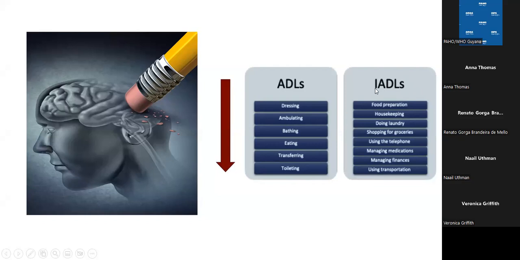The first loss of instrumental activities are using transportation alone, managing finances, managing medication, and then the ability to do housekeeping.